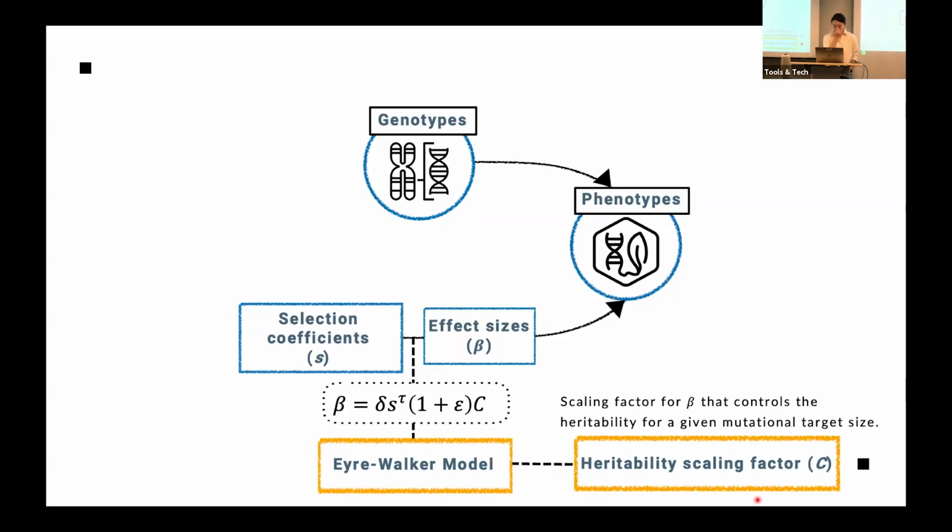And this factor allows us to control the heritability given a certain mutational target size. So another way of saying it is that this ensures that our simulated trait will end up with the desired level of heritability, no matter how many variants end up contributing to the phenotype.